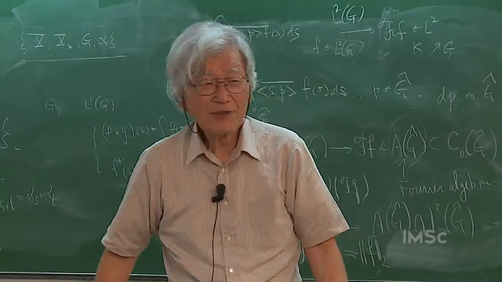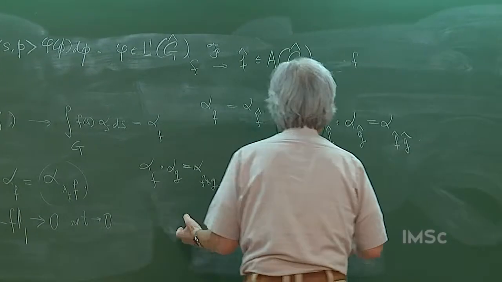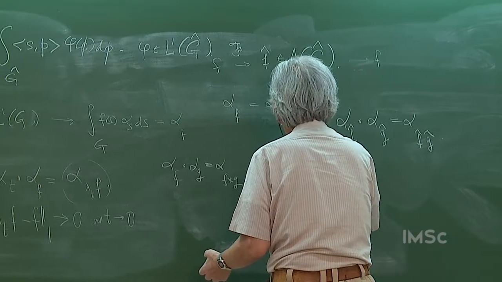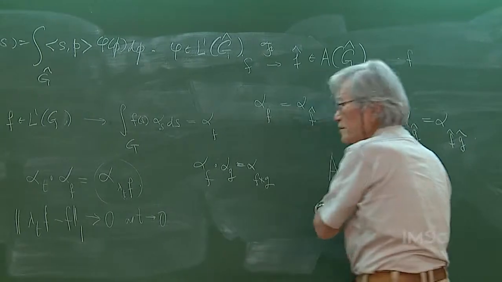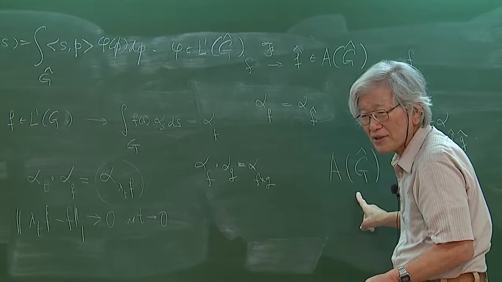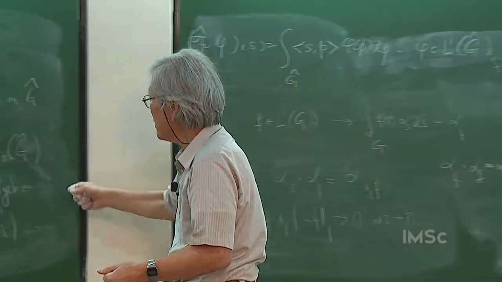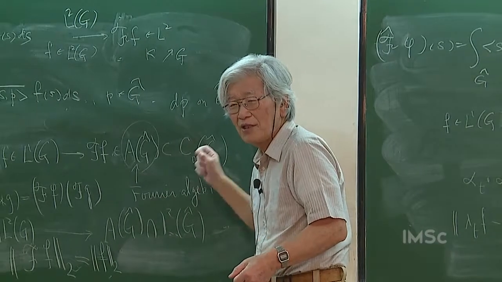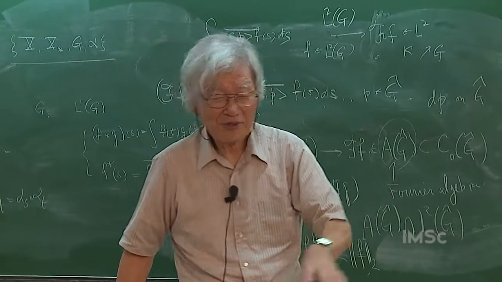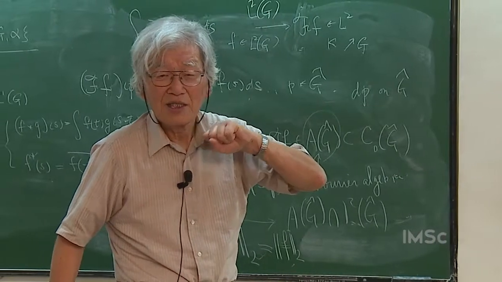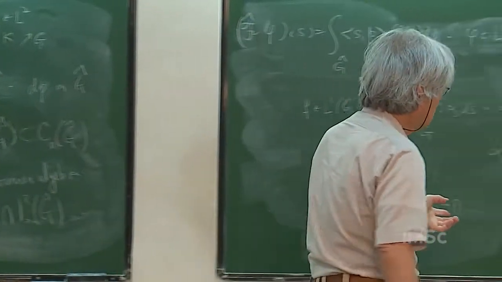All right. So in other words, this A(G hat), the Fourier algebra, is an abelian Banach algebra. Where does the norm come from? Not from here. It is not closed, but the original L1 norm gives A(G) its natural norm.